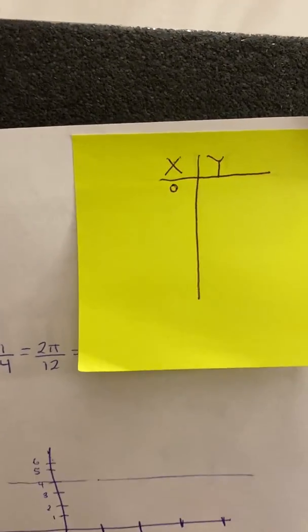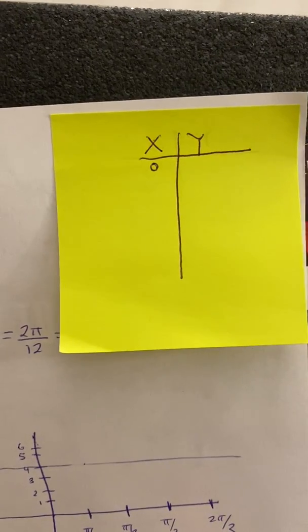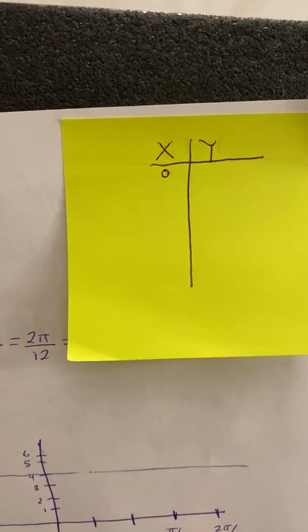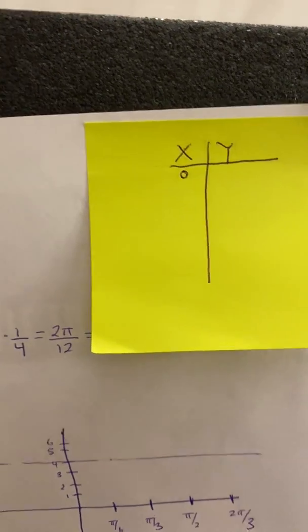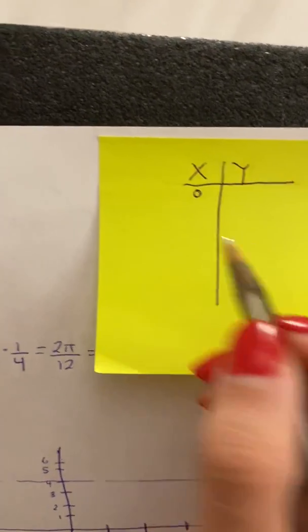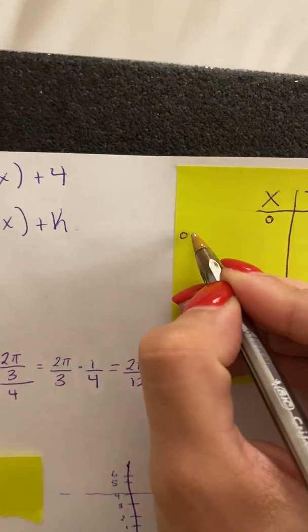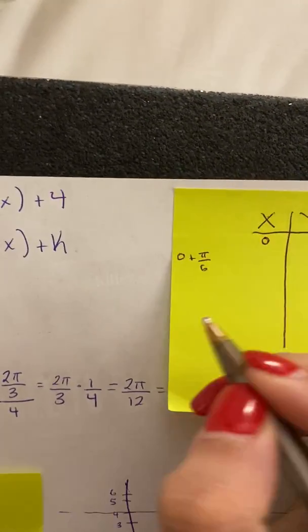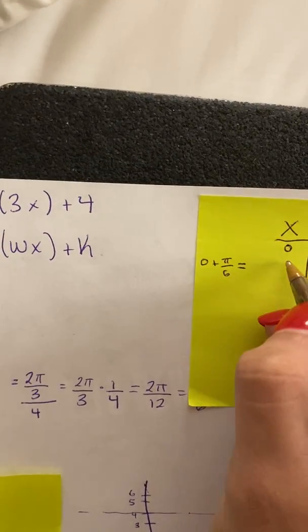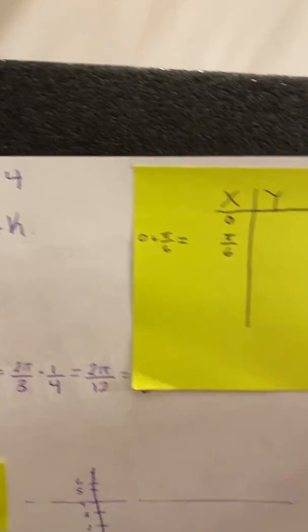So what happens if our interval is pi over 6? That means that we have to add pi over 6 every time until we get 5 points that we can graph. First we start with 0. Then we add pi over 6 to 0 to get our next point, which is just pi over 6.